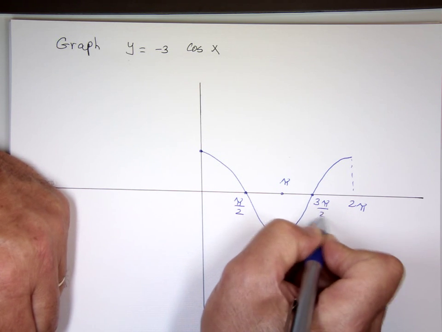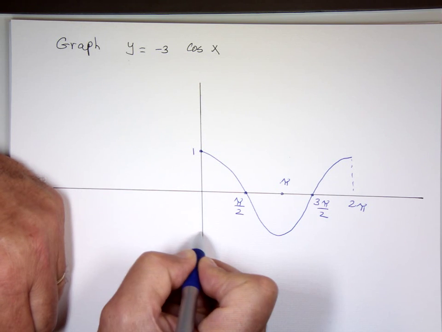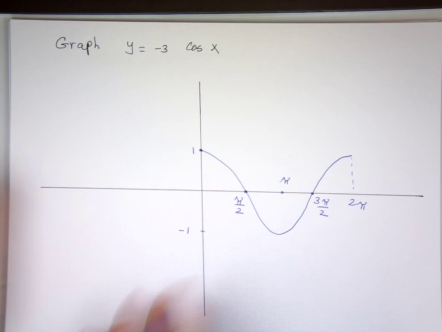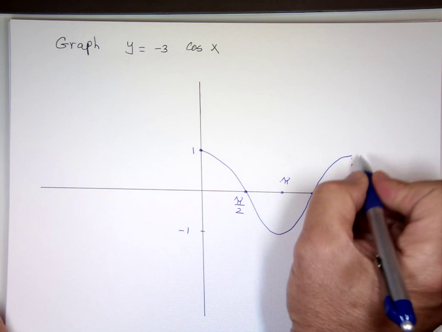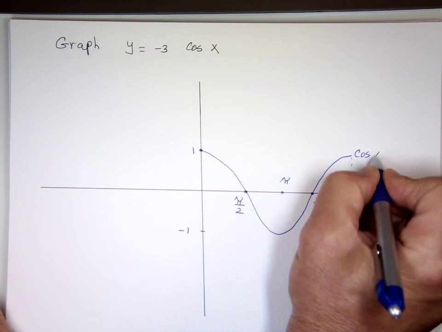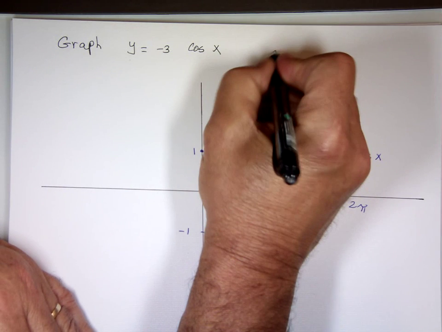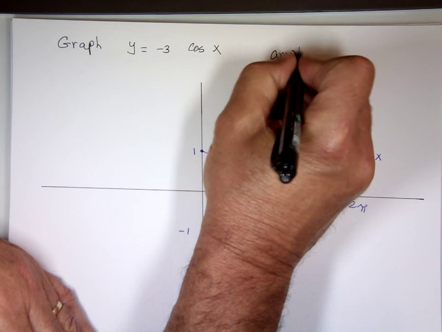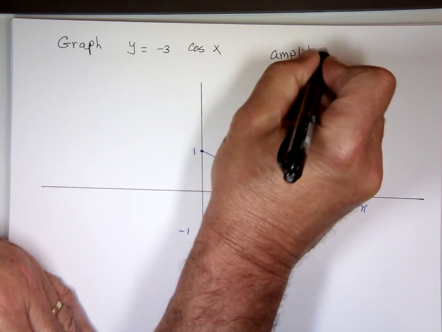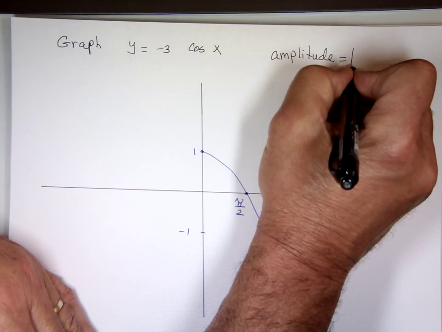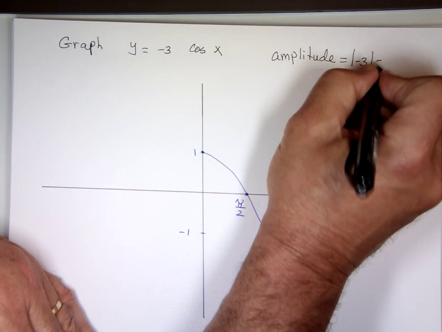High is 1, negative 1. This is cosine x. My amplitude for this is going to be what? It's the absolute value of negative 3, which is 3.